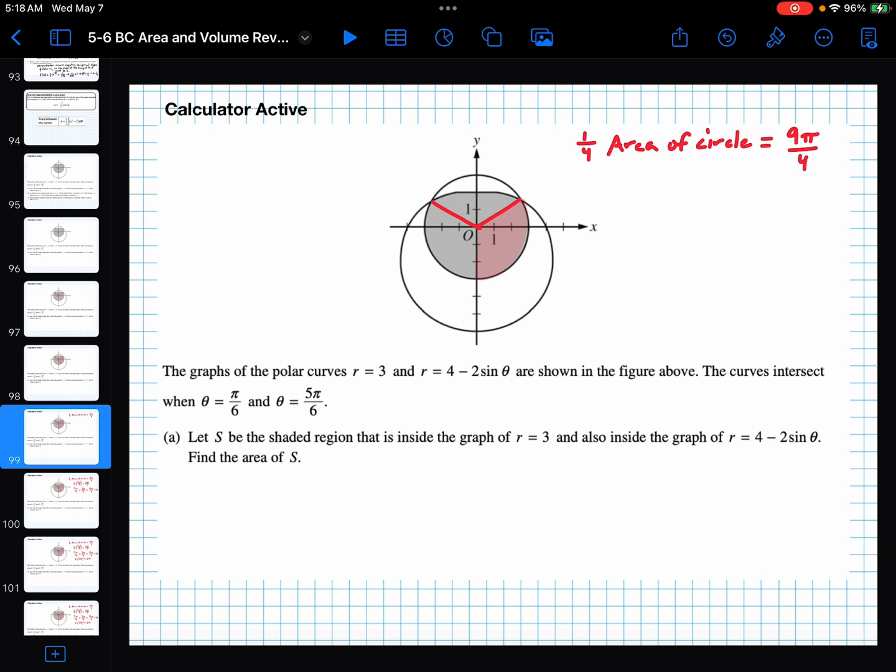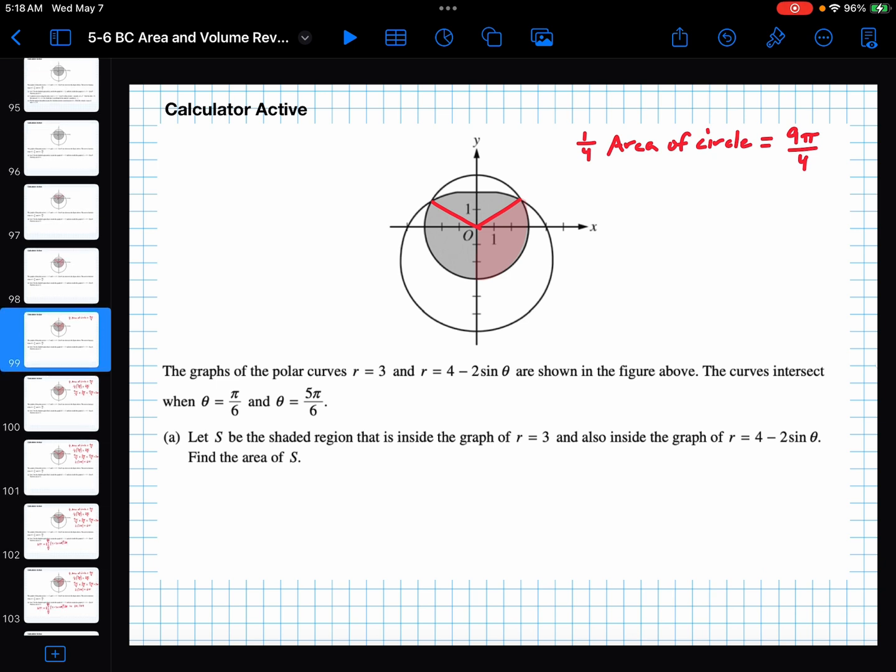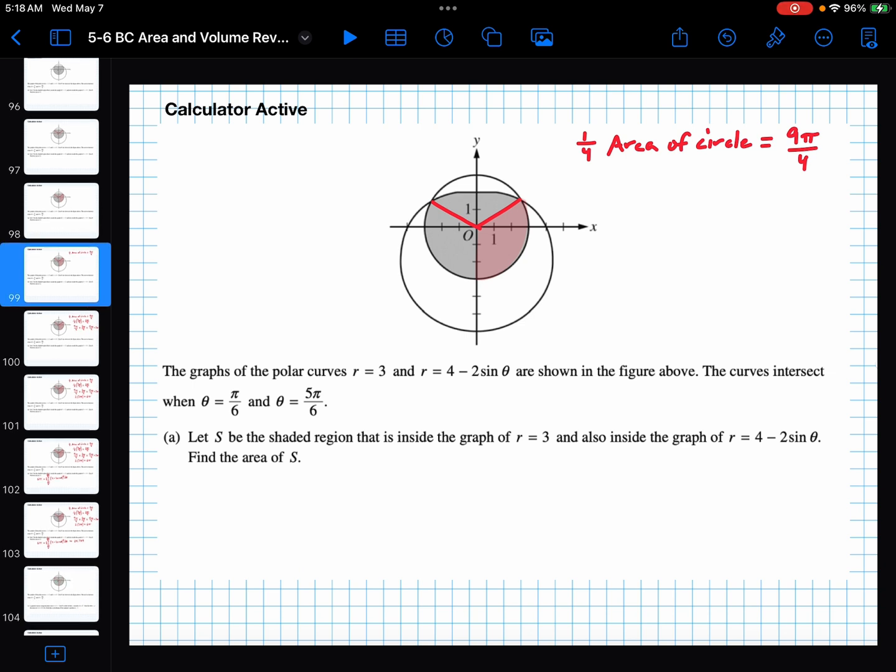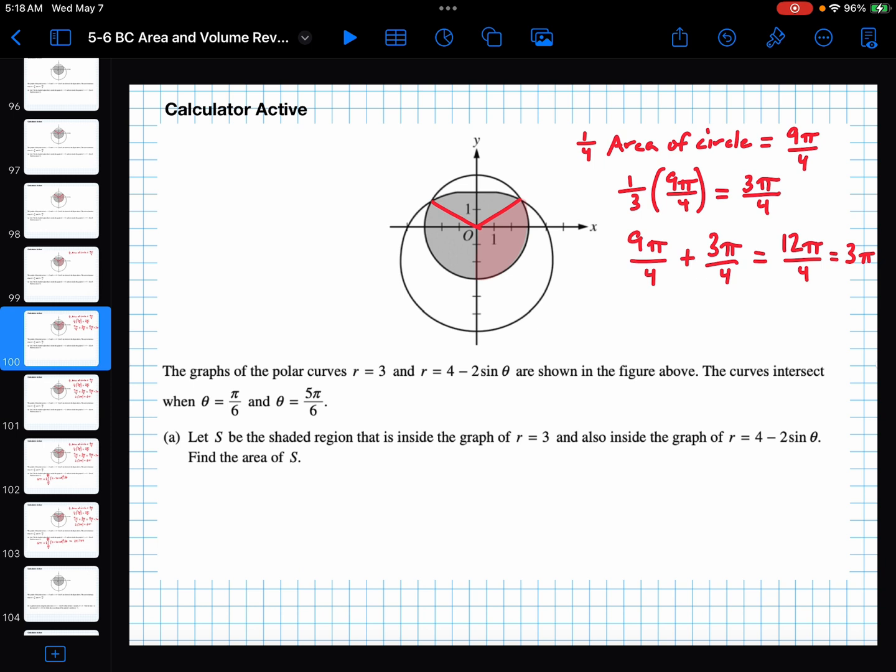Now in the first quadrant, the part that's shaded red here, that part is going from 0, or the x or polar axis, up to pi over 6, which is 30 degrees. So it's 1/3 of the quadrant. So that additional area there is going to be 1/3 of one whole quadrant, and one whole quadrant is 1/4 of the circle. So 1/3 of my area of the quarter of the circle results in 3 pi over 4.